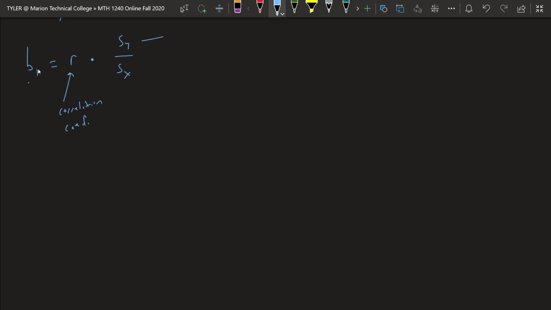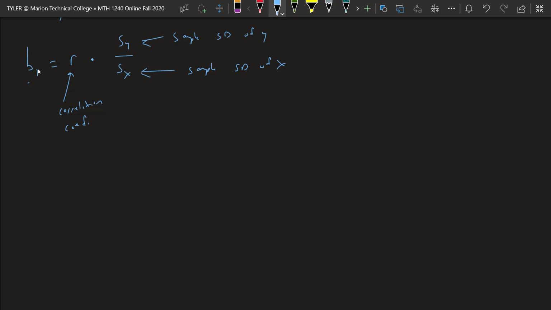S sub y is the sample standard deviation of the y variables, and s sub x is how we denote the sample standard deviation of the x's. We're using that to denote which variable we're talking about, because now we have two variables.